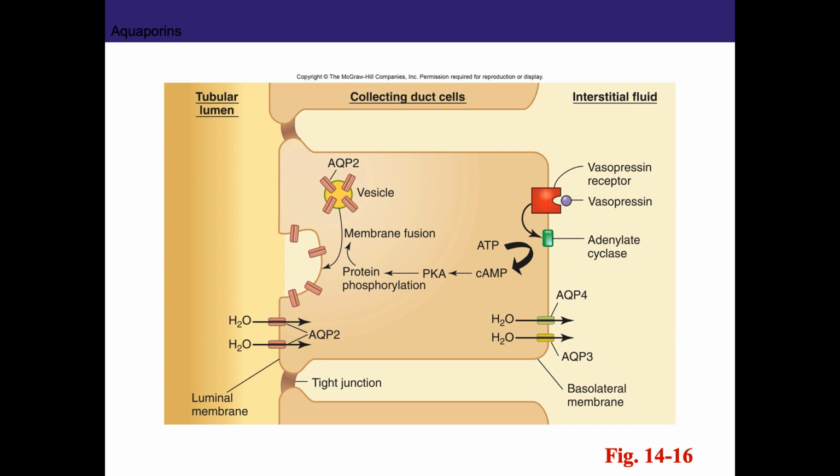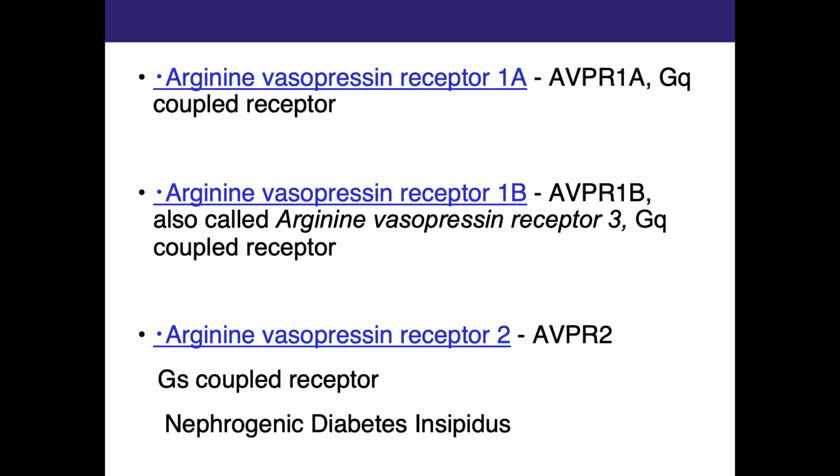Nephrogenic is referring to the nephron. So if you have mutations of the arginine vasopressin receptor, let me just go back to this. If you have a mutation of this receptor and it's not working properly, you have no capability of concentrating urine.